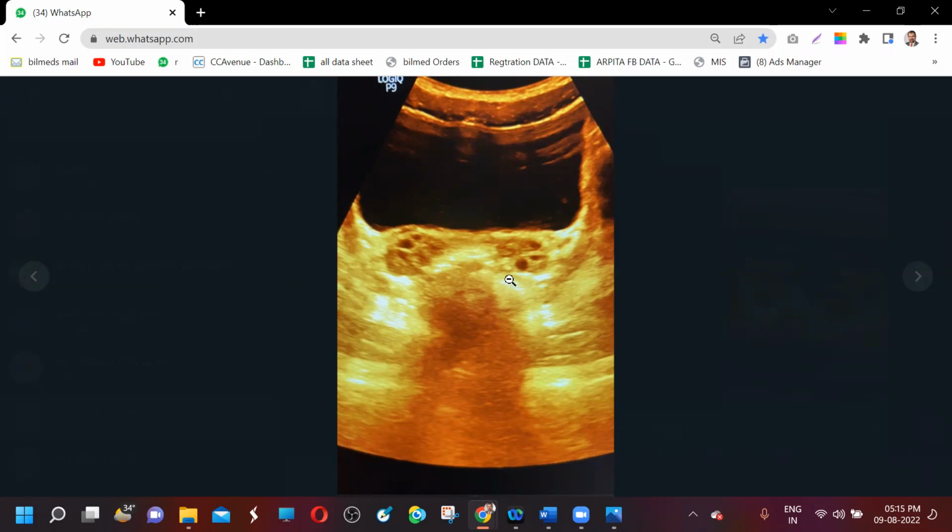What is this picture about? Comment in the chat box. Looking like an ovary over here, in a male patient, what can this be? Somebody posted muscle. No. Does it look like a muscle over here? No.